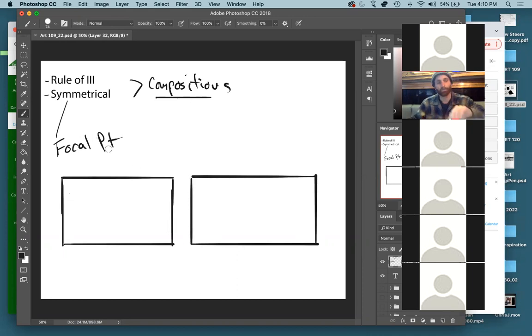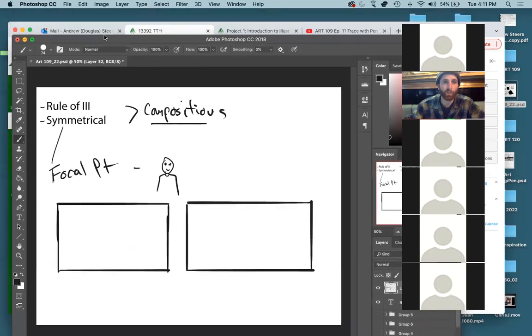Let's say our focal point is just a face here. Let's start very simple. If I'm going to put my person in either one of these, where do I put that focal point? Where do I put their face? So there are two starting points.